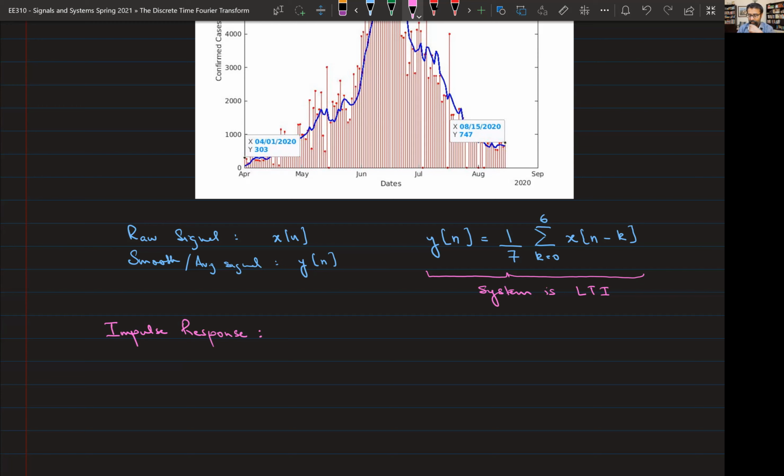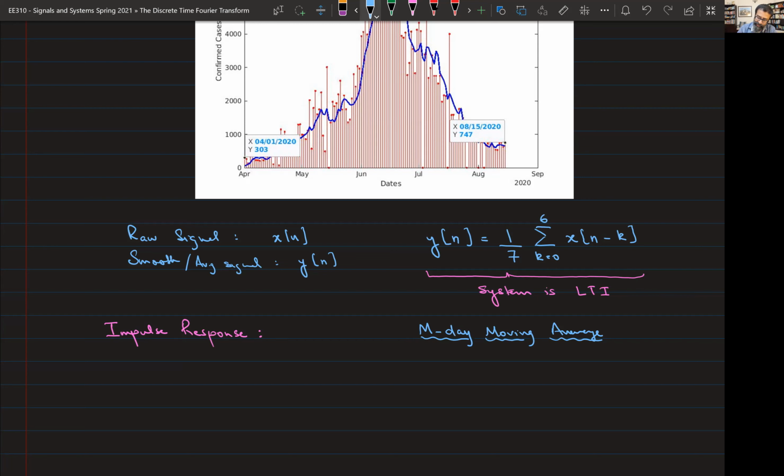How do I determine the impulse response? अच्छा, इसको मैं let me generalize this a little bit as well and say कि जी अगर मैं say कि जी m day moving average. So I'm no longer talking about m equals 7. I mean, this could be m equals 3, m equals 5.